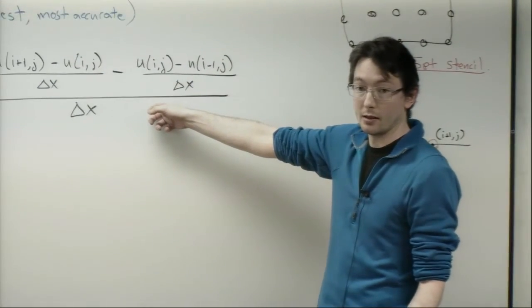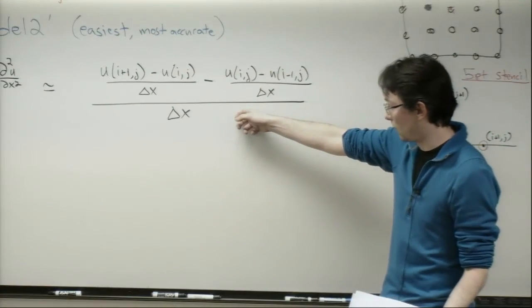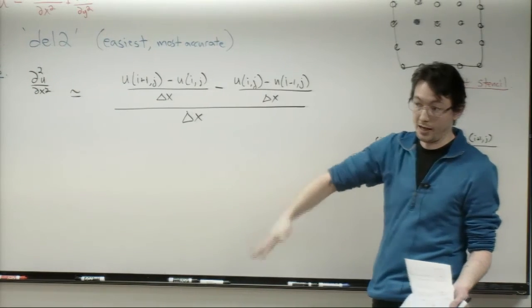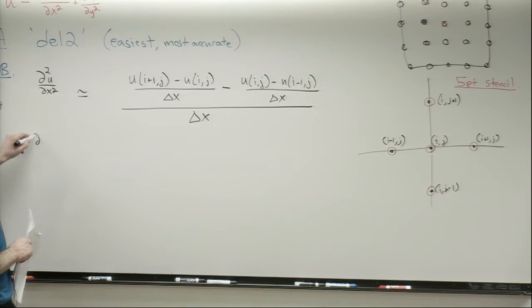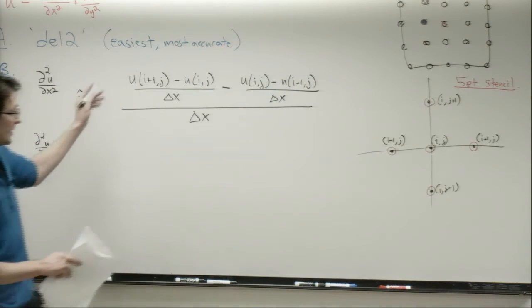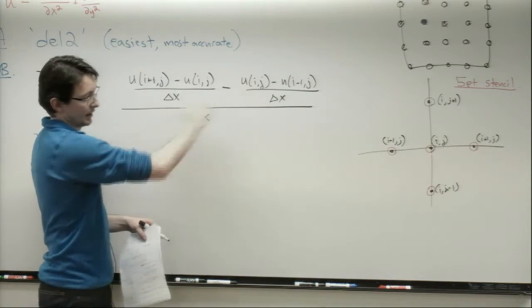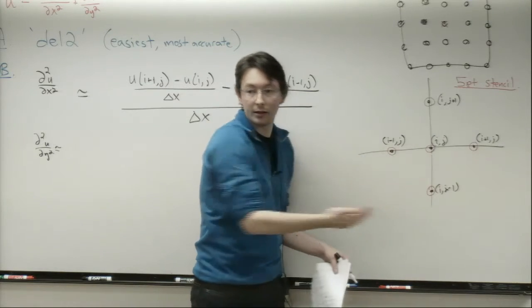This is just the second order central difference that we derived in the last quarter. Okay, you can do a similar thing for partial squared u partial y squared. That's basically the same stuff, except instead of varying the i index, the x direction, we're going to be taking this along the y slice by varying the j index.